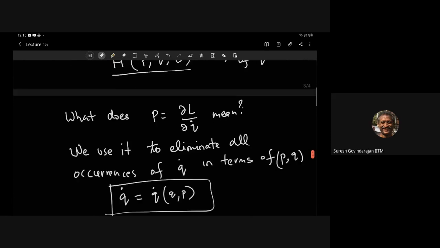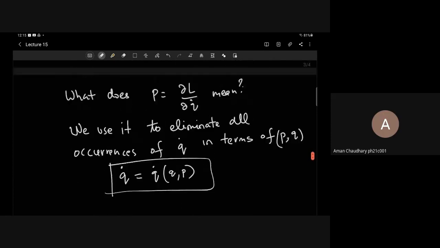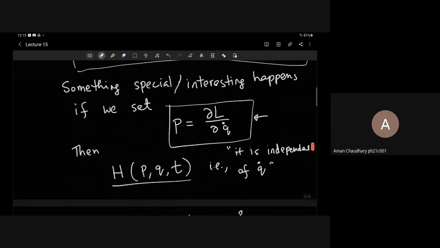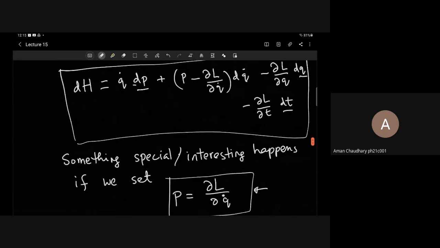Sir, one more thing. Was the converse true, that if we say that p equals to dou L by dou q dot, then L will be independent of time? Was this statement also true? No. Okay, sir. So there we had p as a function of q dot and q.